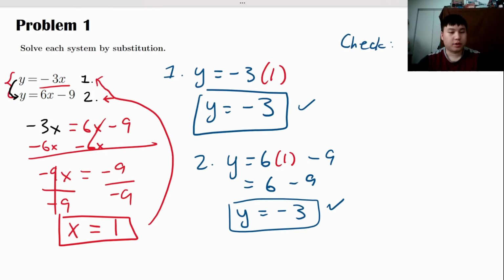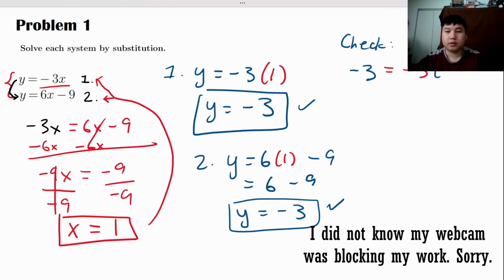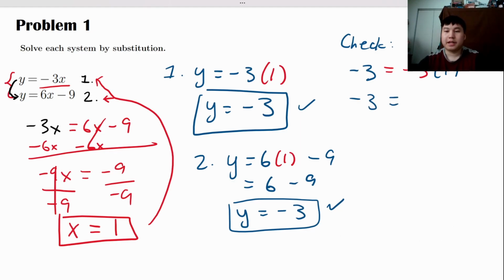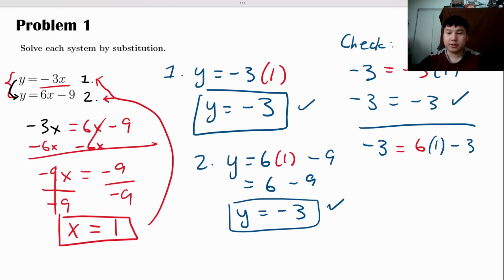Alright, I'm going to plug it into the first one. So we have negative 3 equals negative 3 times 1. Negative 3 stays the same on the left, and negative 3 times 1 is negative 3. That is true. Now let's check in the second equation. Negative 3 equals 6 times 1 minus 9.